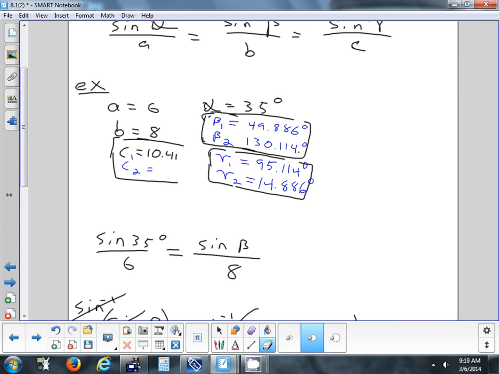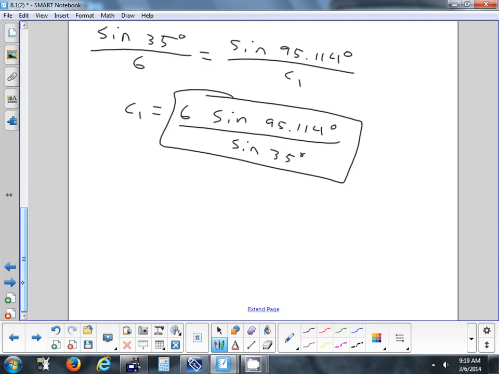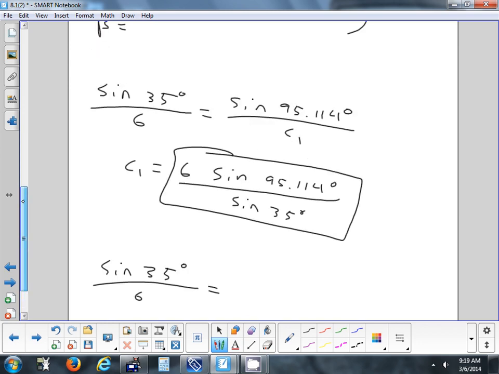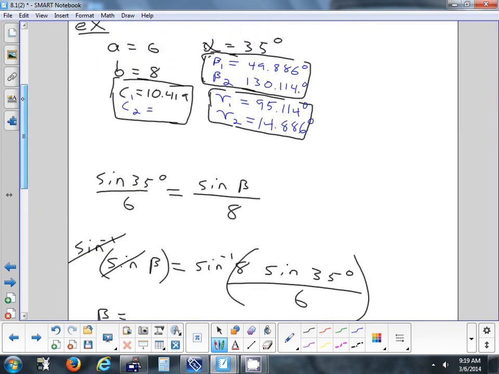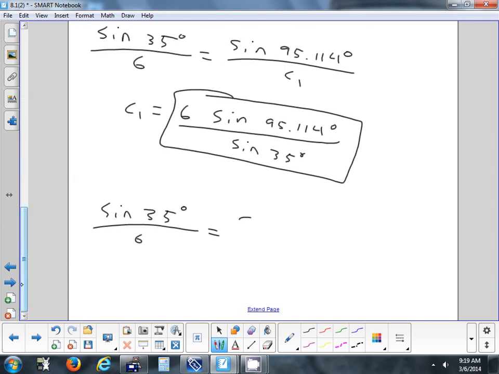Okay. Now we have to do C2. We're still going to use row A, sine 35 over 6. What's going to be on the other side of my proportion this time? Yeah, sine of 14.886 over C2.